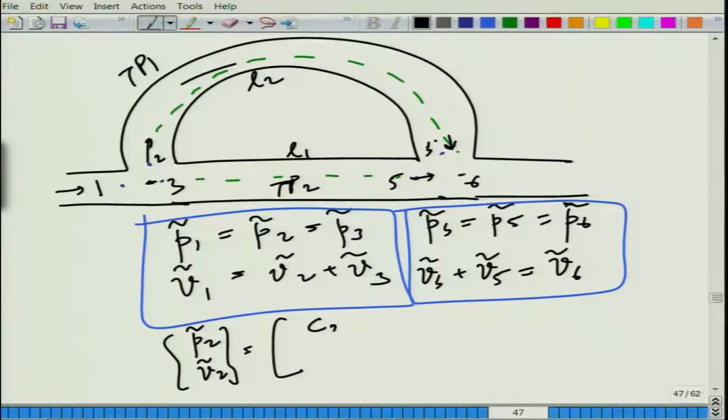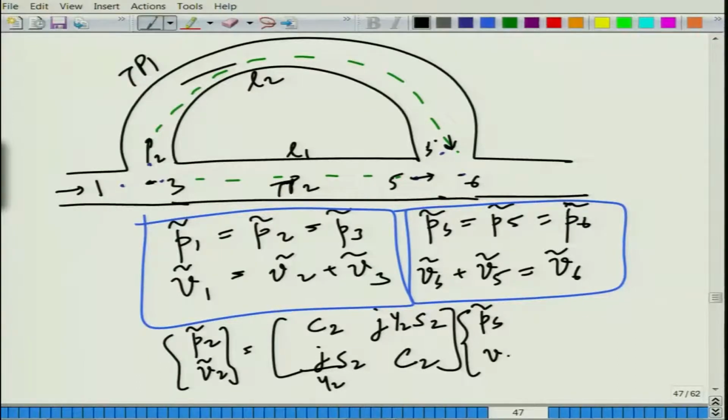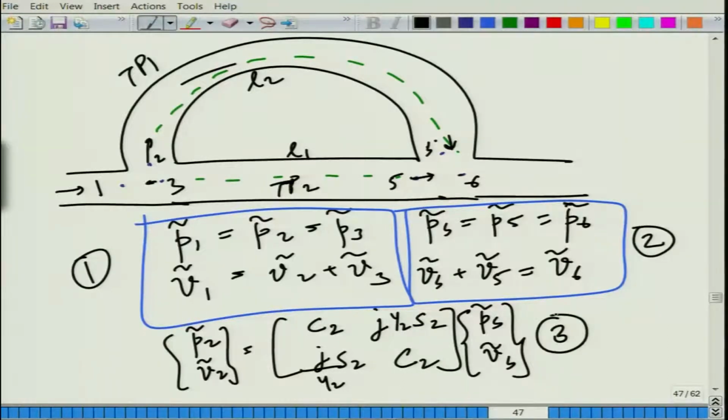So, I am writing this as C2, jY2S2, and jY2S2, and this is C2, and this is P4 V4. Okay. So, this is what it is. This is the transfer matrix here. I will call this equation as say 1, 2 and 3.